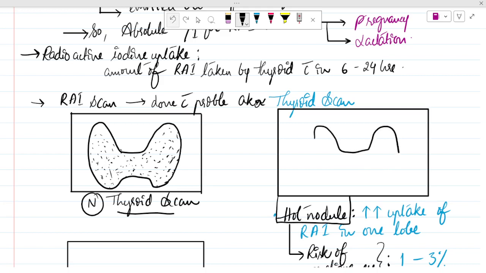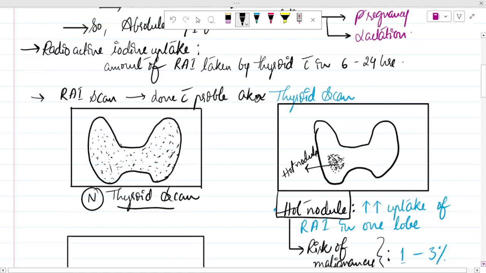This is a thyroid, and if at some part of the thyroid scan there is excess uptake of radioactive iodine, more than the normal uptake, then it depicts the presence of a hot nodule in that particular tissue of the thyroid gland. You observe an increased amount of radioactive iodine uptake.